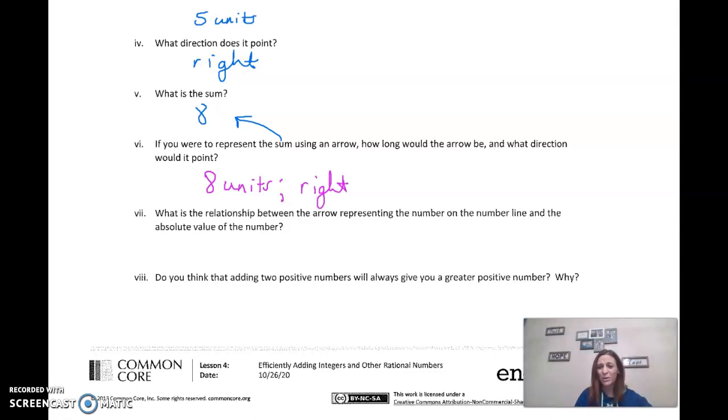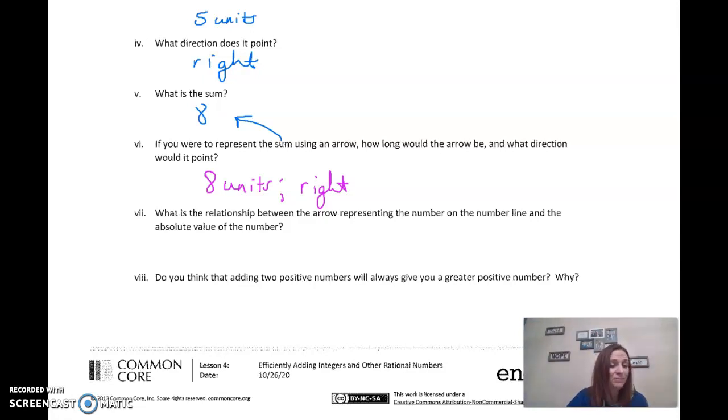Okay, so I know I'm going kind of quick through these, but it's just asking pretty basic questions about what's happening on the number line. So what is the relationship between the arrow representing the number on the number line and the absolute value of the number? Well, the sum is 8. The arrow is 8 units.